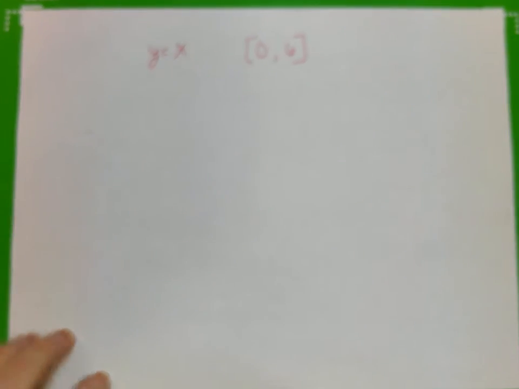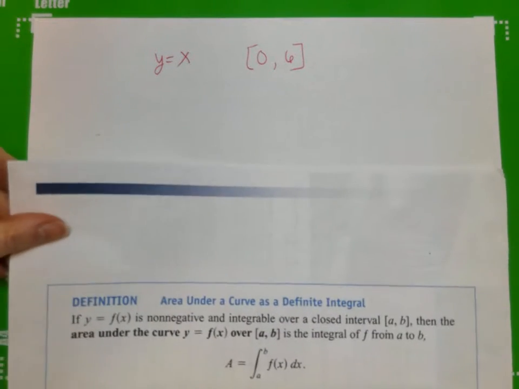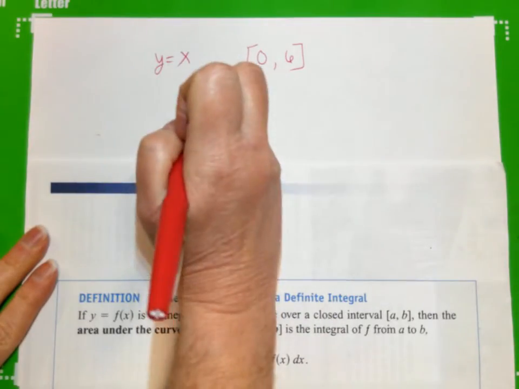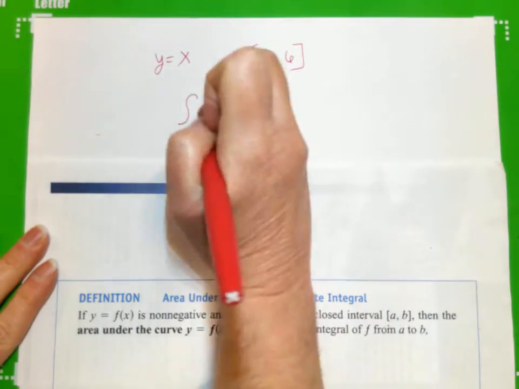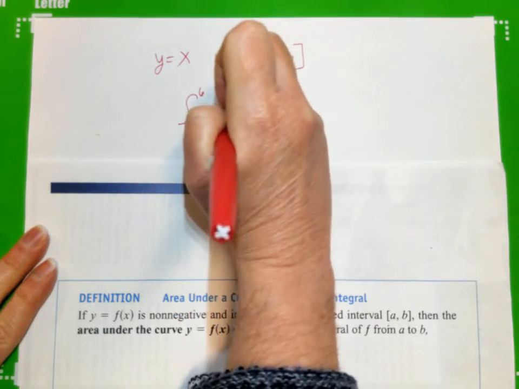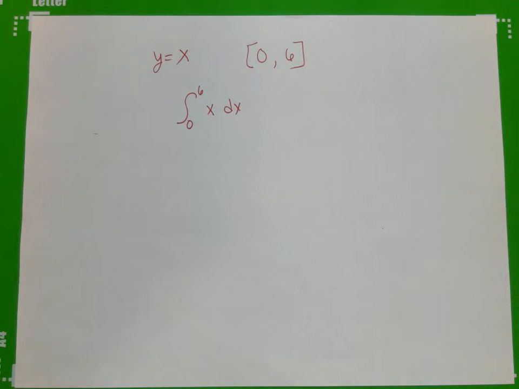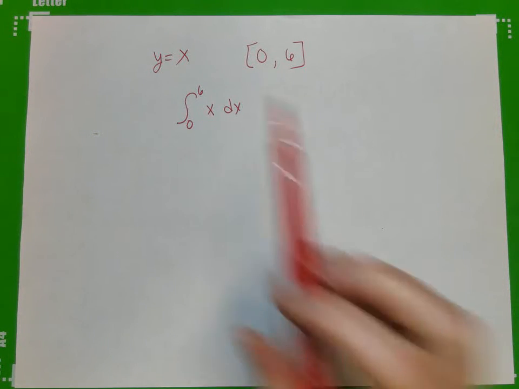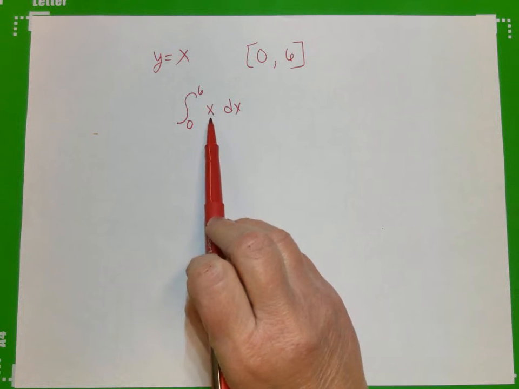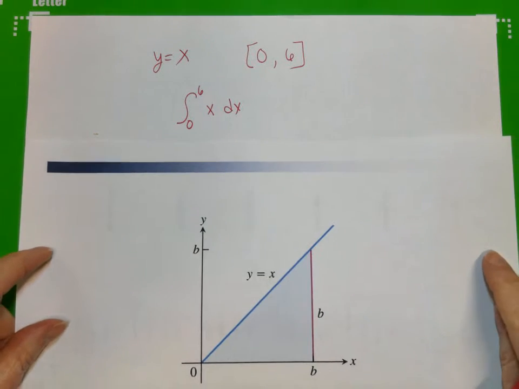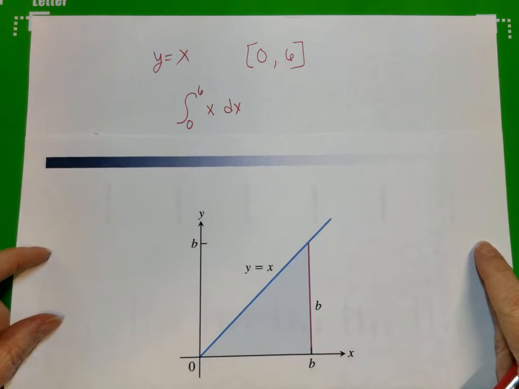According to that definition, we need to write the integral from a to b, so 0 to 6, of our function x dx. And how do we go about finding it? Well, the first thing we need to figure out is, what does this look like? It actually is a triangle.